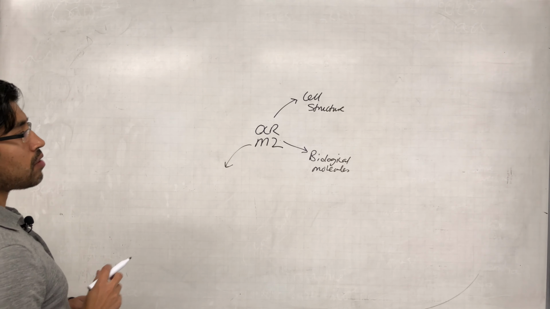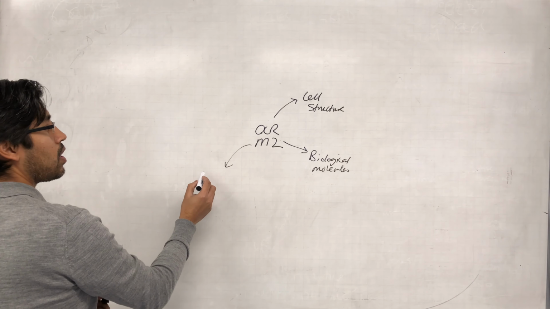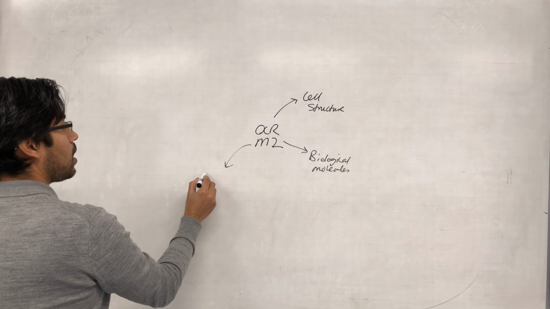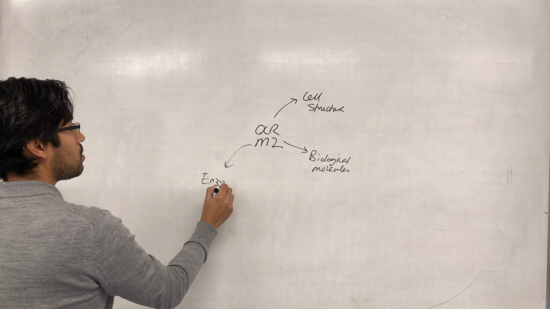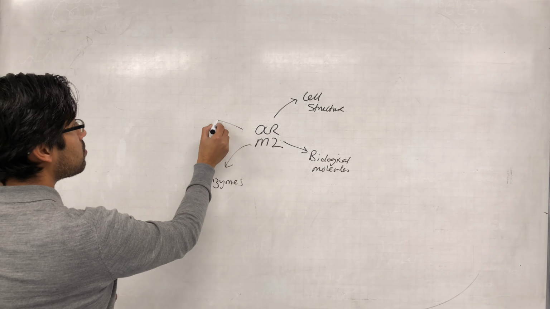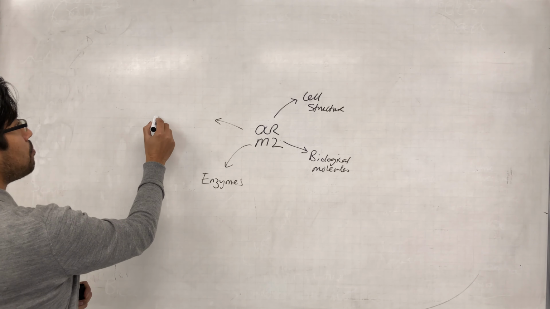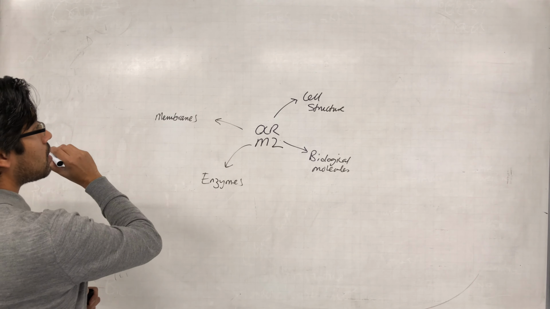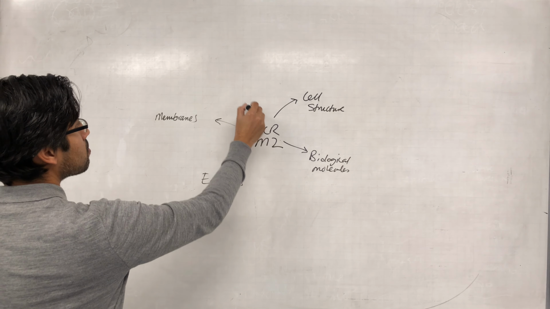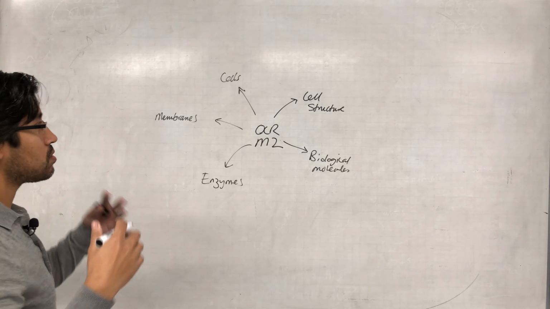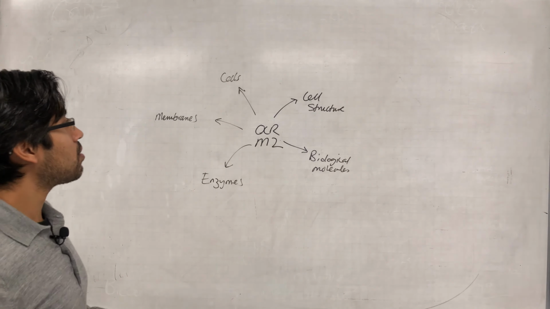After biological molecules, we have enzymes. After enzymes, we have membranes. And after membranes, we have cells, tissues, organization therein.